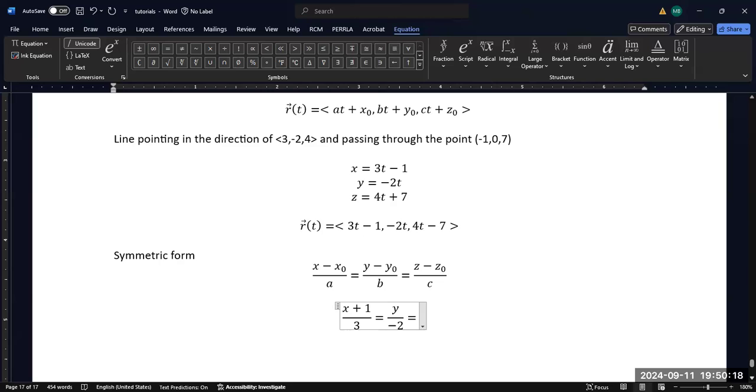And then the z would be z minus 7 all over 4.